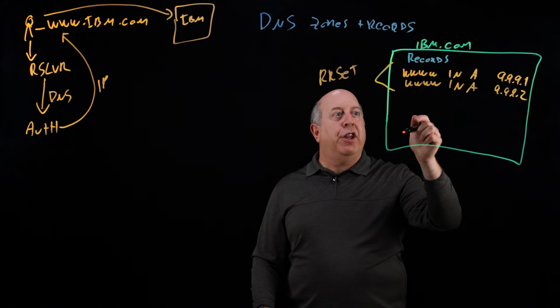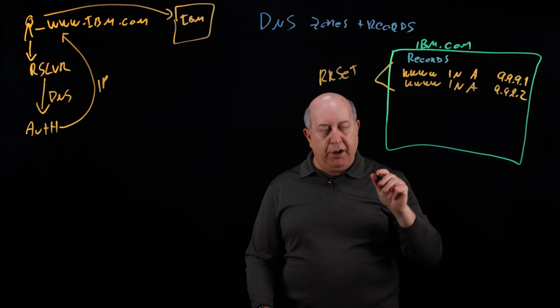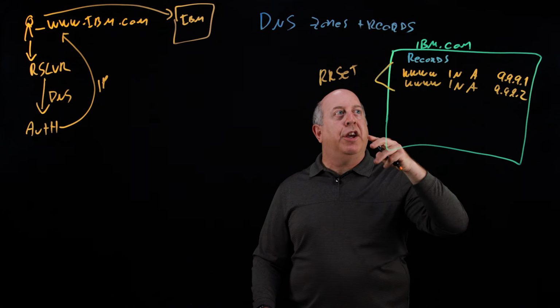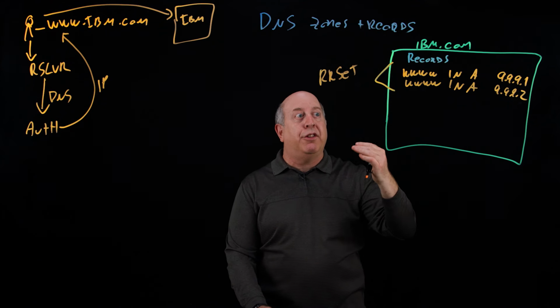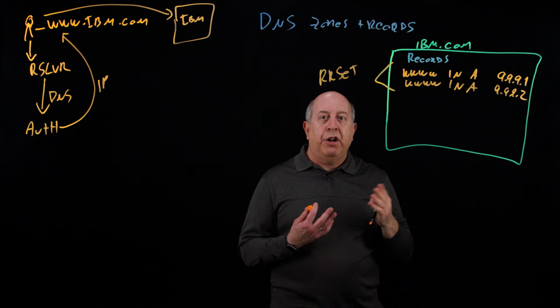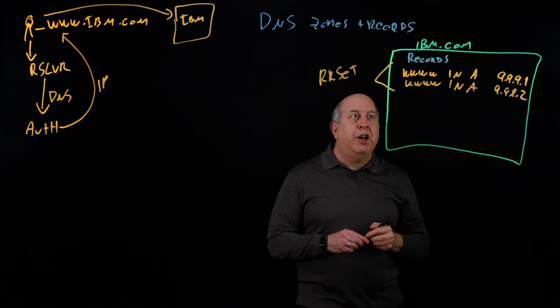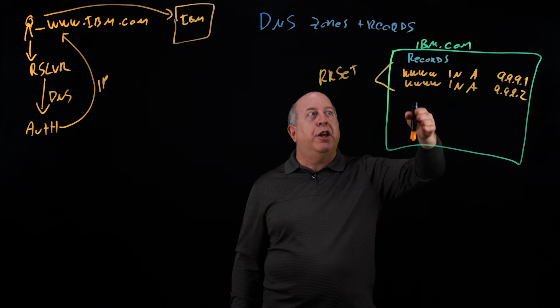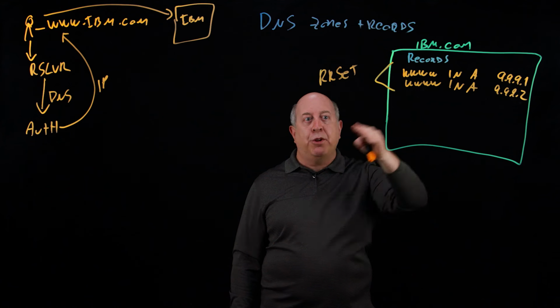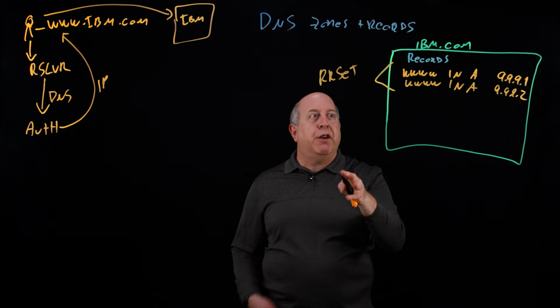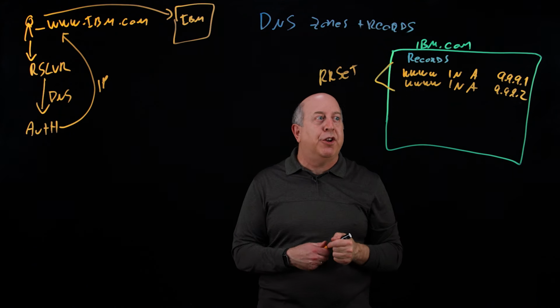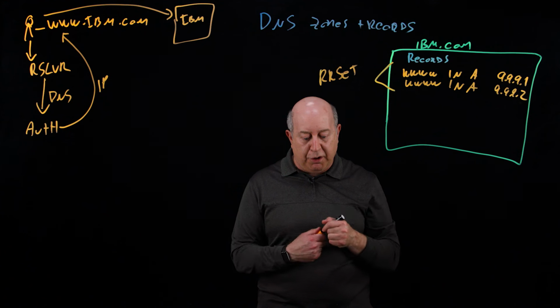I want to also mention here a special record type called a name server record, and that's used to do what we call delegate the zone to another group. The use case for this is, for example, maybe the central CIO team is managing ibm.com, but there's another group for which you want to give access to a portion of the DNS, and you want to give them their own zone on their own server.